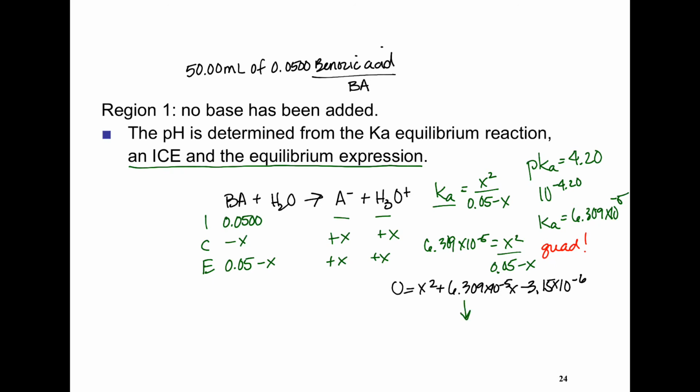I used the quadratic equation and I got that x was equal to 0.00174. So that x is equal to our hydronium ion concentration, and we know that pH is equal to the negative log of that concentration. That's the same thing as hydrogen ions in solution. And so when I did that, I got that the pH was 2.759.